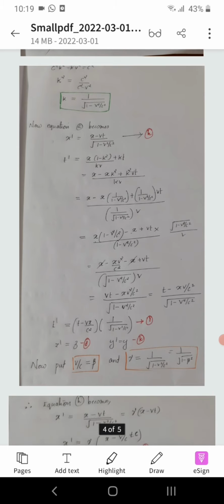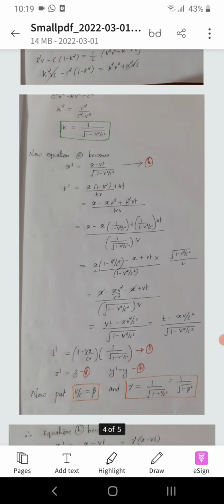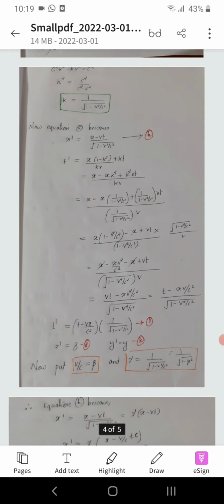The initial equation for t prime is equal to x into 1 minus k square by kv plus kt. Now replace the value of k as 1 by root of 1 minus v square by c square. Like this, x into 1 minus k square by kv plus kt will become, opening the bracket, x minus x into k square plus k square vt by kv, taking kv as LCM.